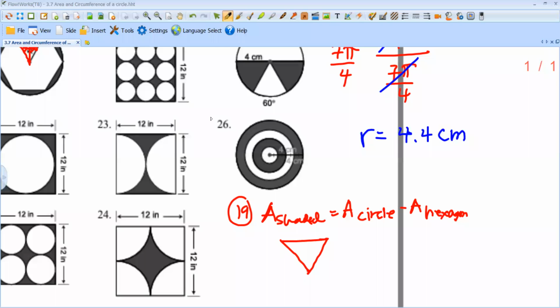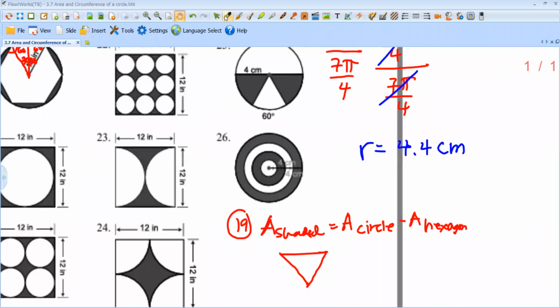So that is 60, so we will divide that. That is 60, 60, and this is 30 and 30, and this is 10. So if that is 10, the hypotenuse, half of the hypotenuse is the opposite of the 30-degree angle.